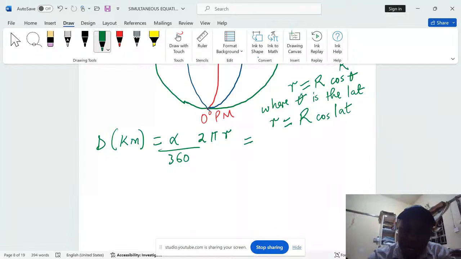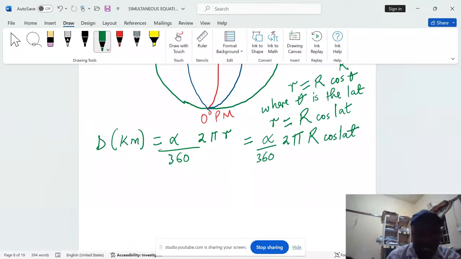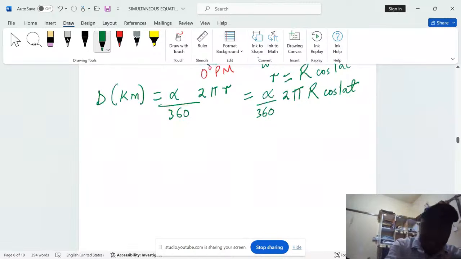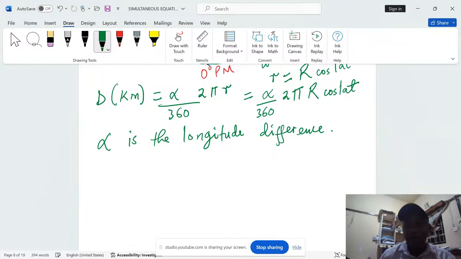Therefore, alpha divided by 360 multiplied by 2 pi, with capital R instead of small letter r, multiplied by cosine of the latitude where the place is lying. In such a case, alpha is the longitude difference, because the places are already lying on the same latitude.